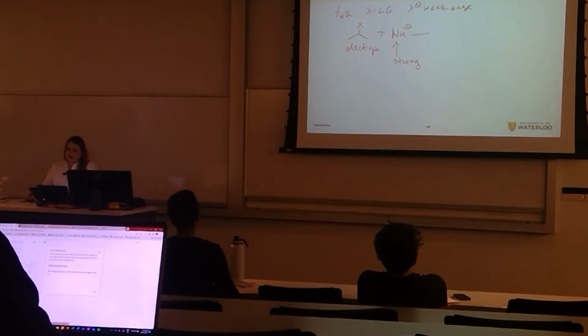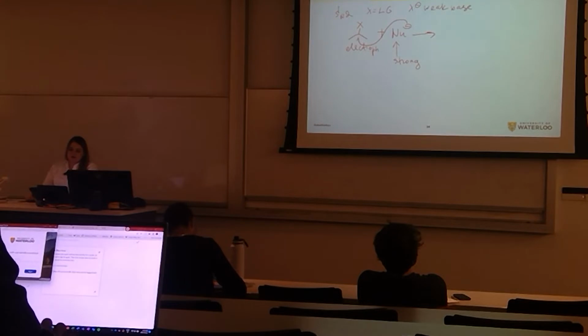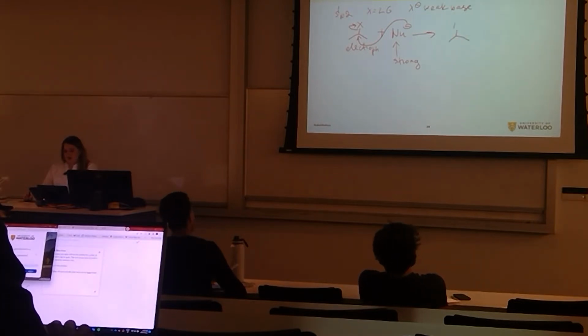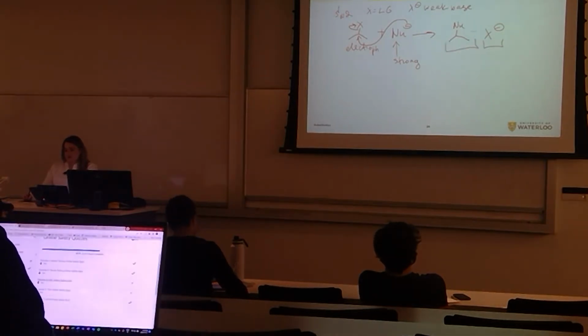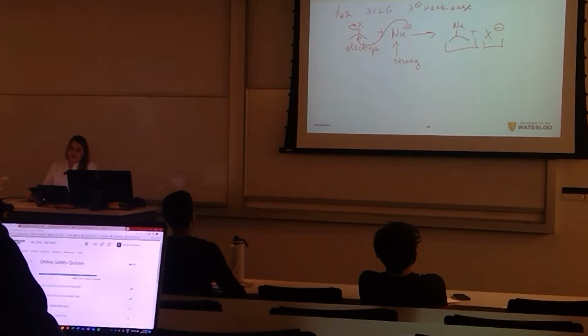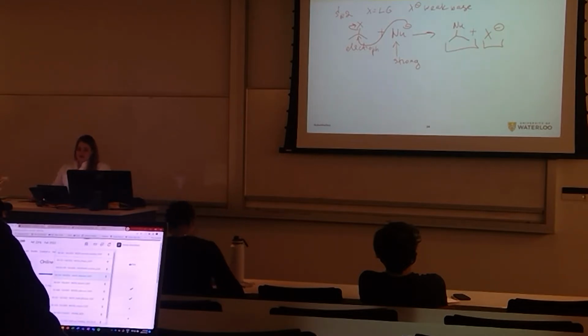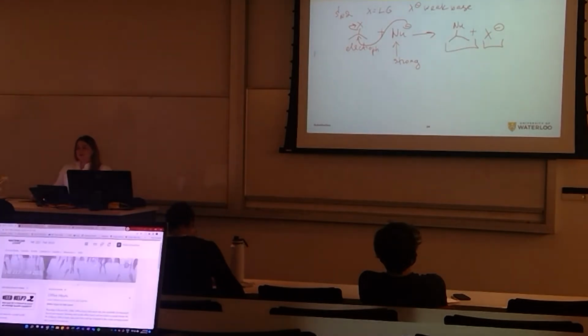And that reaction occurs by nucleophilic attack on the electrophilic center, delta plus on the carbon, and breakage of the C-X bond with the formation of a substituted product and the leaving group in solution. This reaction occurs through one transition state without intermediates.